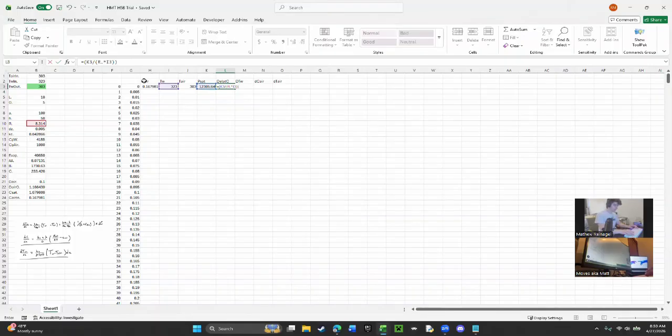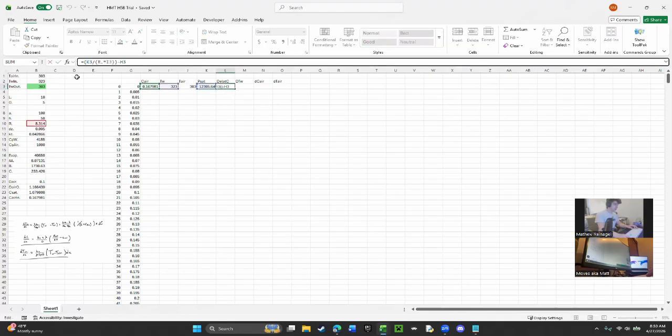And then this is going to be subtracted by the concentration of the air. So we should get something like that, or the other temperature. I think that's right for now.